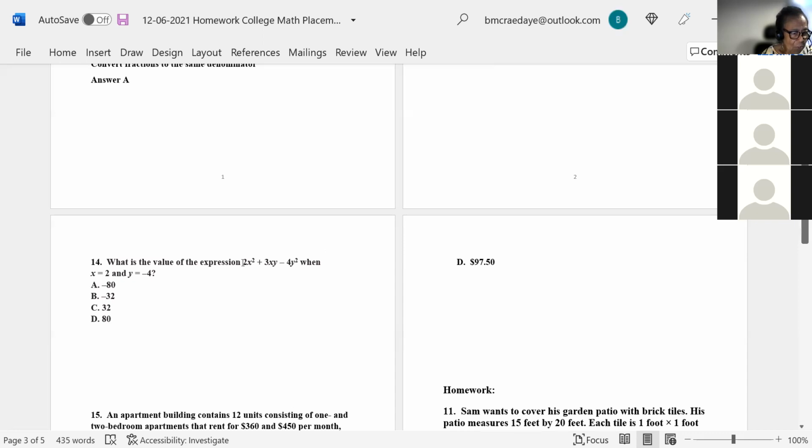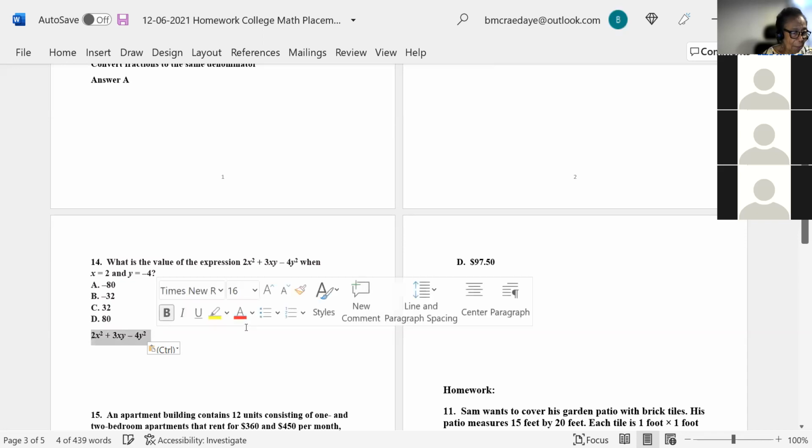That means wherever you see an x in that expression, you want to put 2, and where you see a y, you want to put a minus 4. This is a substitution of the variable. Where you see an x, put a 2. Where you see a y, put a minus 4.